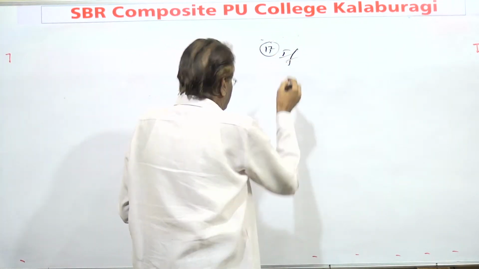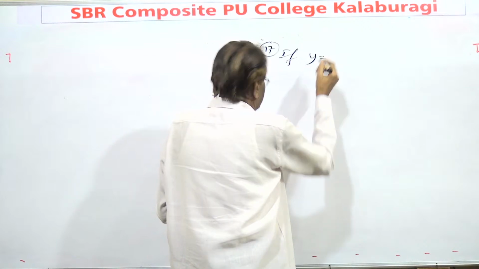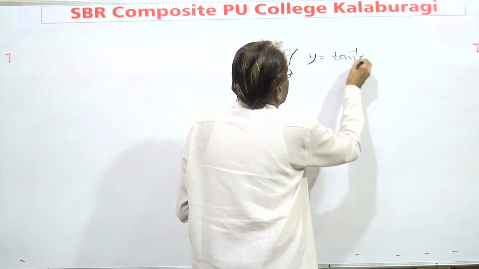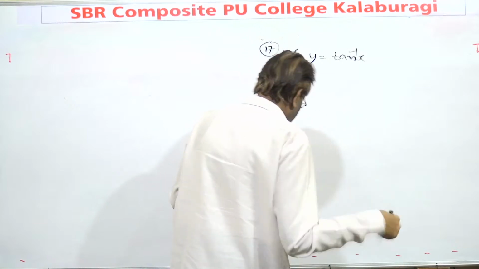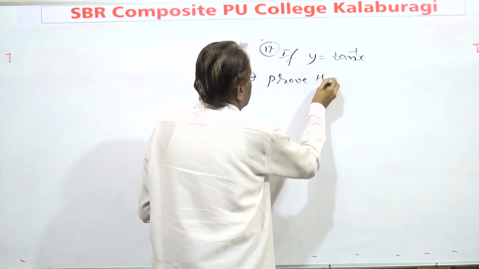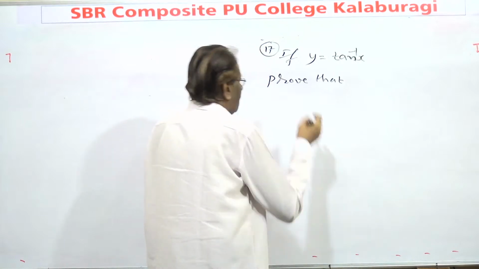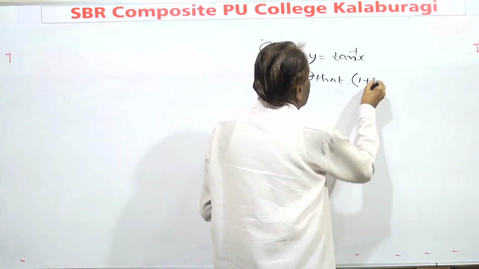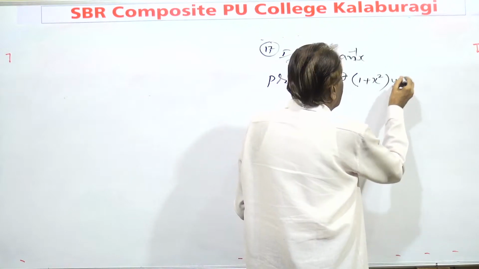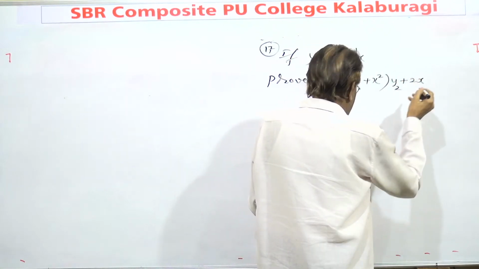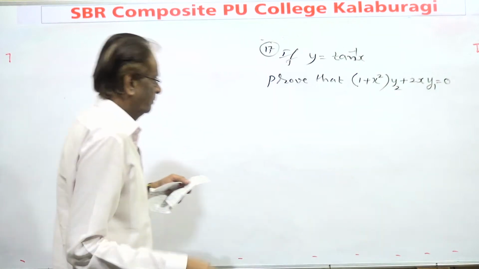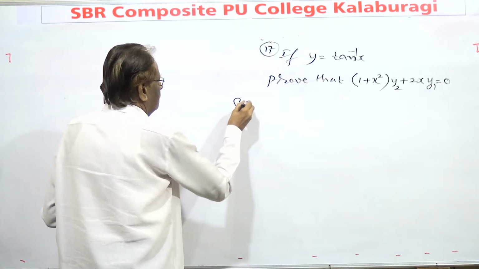If y equal to tan inverse x, prove that one plus x squared into y2 plus 2x y1 equal to 0.